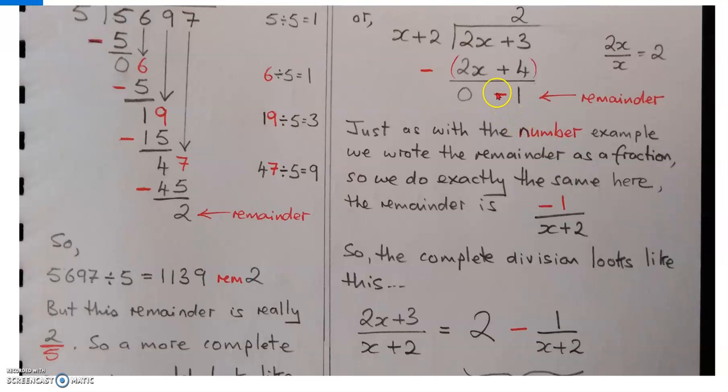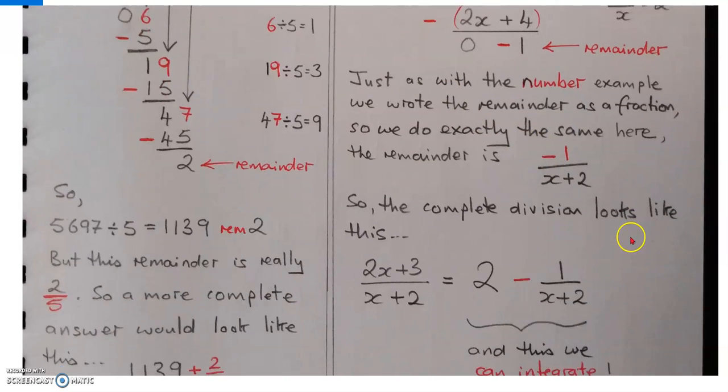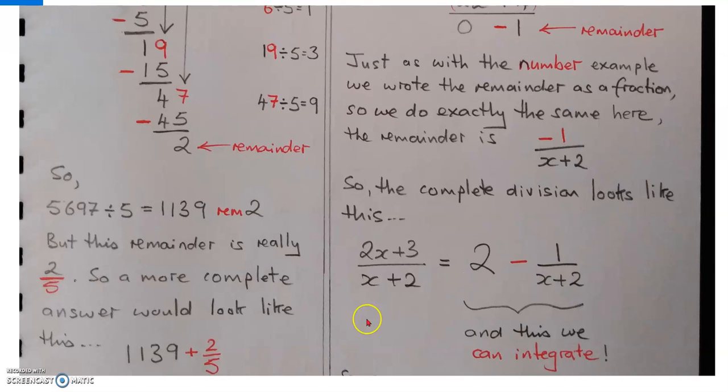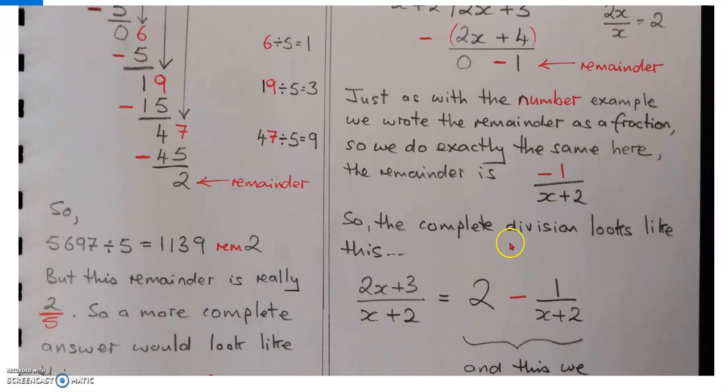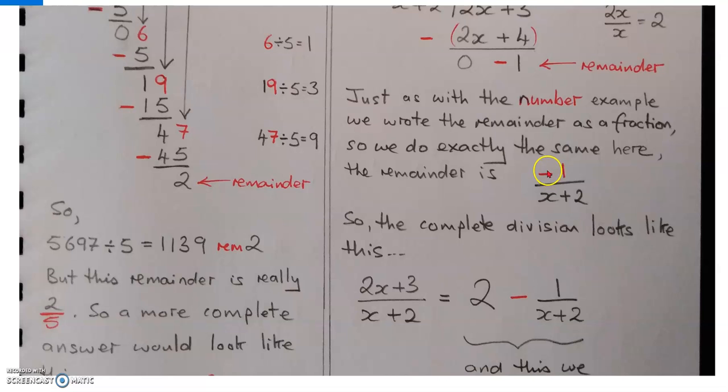So this minus 1 becomes minus 1 over this x plus 2. So if we look at the final division, we can say that this 2x plus 3 divided by x plus 2 is really 2, and that comes from our answer up there, this 2, minus, because of the minus sign there, minus 1 over x plus 2.